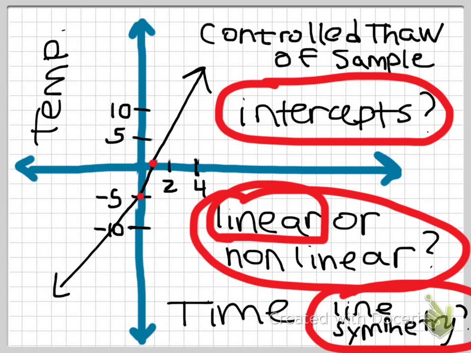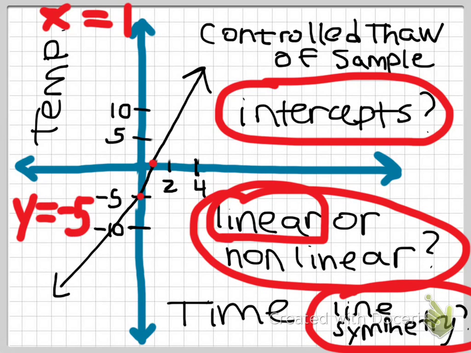So these values would be x equals 1 and y equals -5.